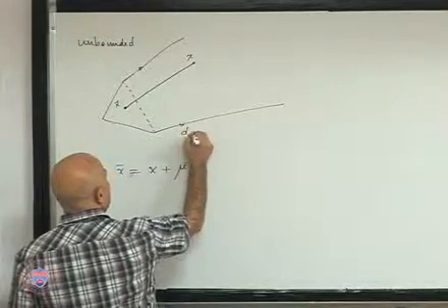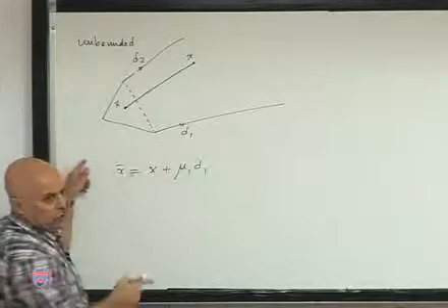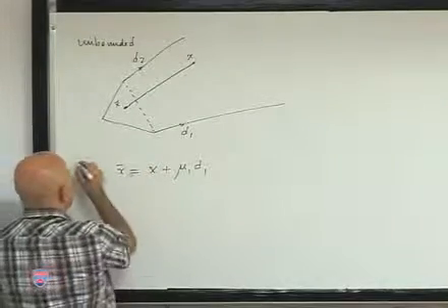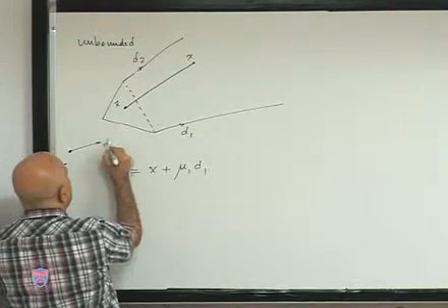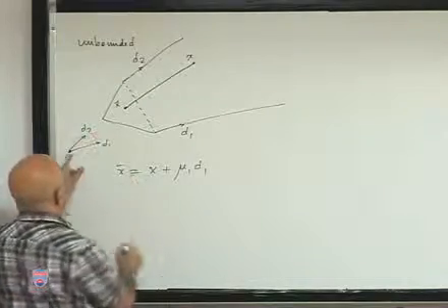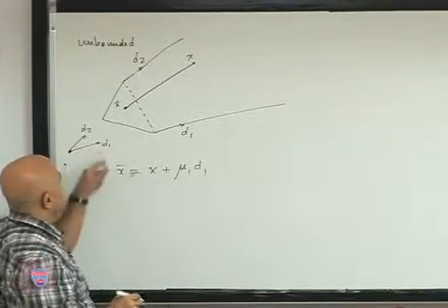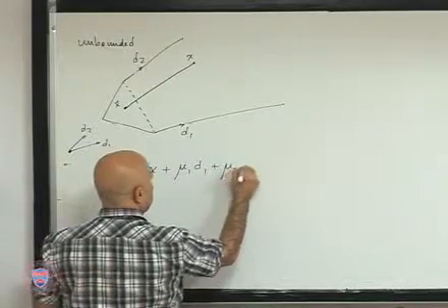In this case, we've got two directions. Of course, these directions are situated at the origin, so remember that. The origin is somewhere here. There's D1 here. There's D2 that points this way. So you're taking two multipliers, mu1 and mu2.